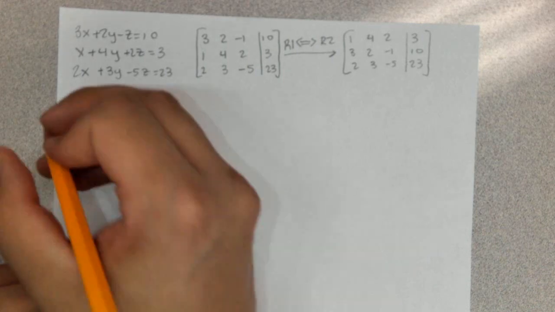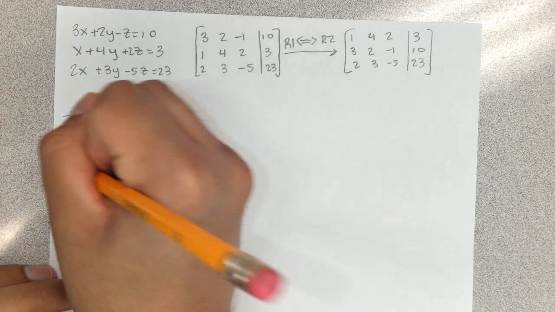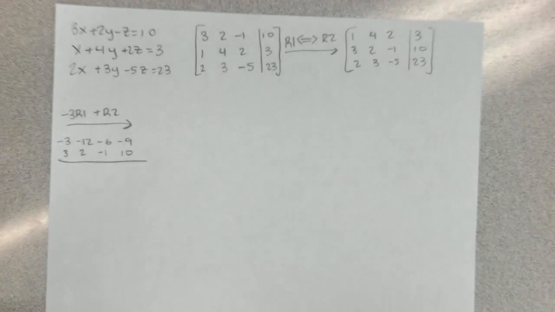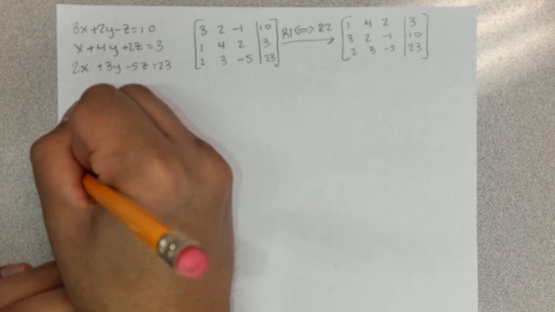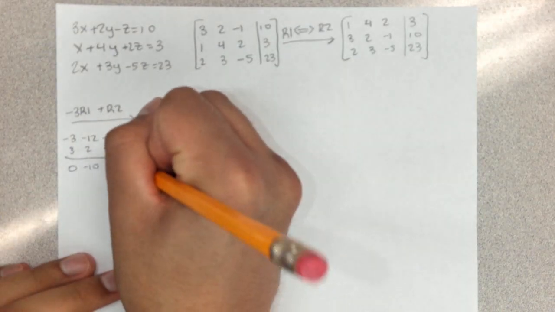Alright, the second row is 3, 2, negative 1, 10. So we're going to add that together, and that's going to give us the new second row. So 0, negative 10, negative 7, positive 1.